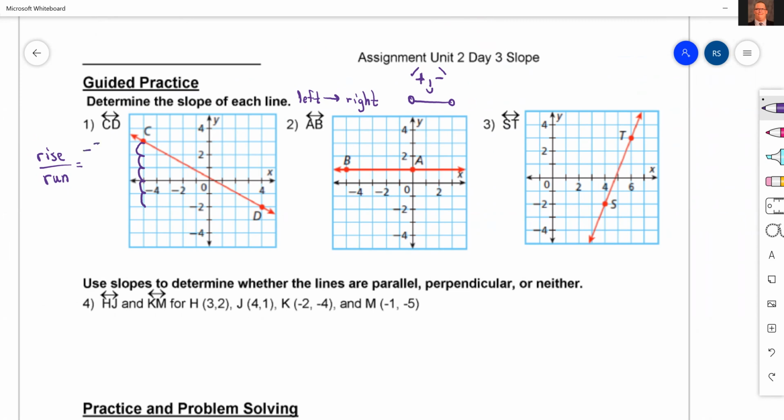So I went down 5, and then I ran 1, 2, 3, 4, 5, 6, 7, 8, 9 over 9. So down 5, ran 9. So that means my slope is -5 over 9. We can check it should be negative because slope man tells us that. The line's going down, so it's going to be negative.